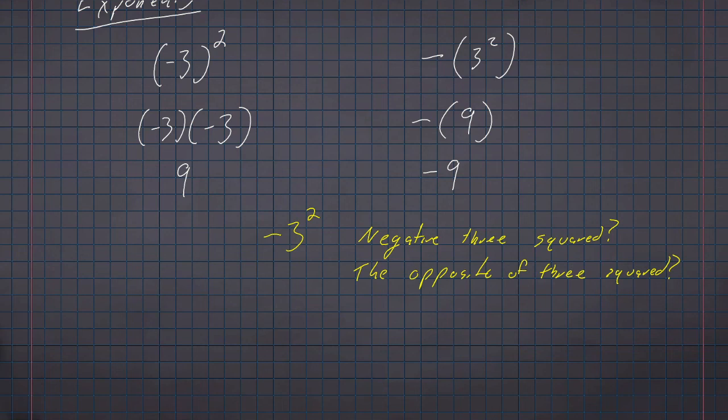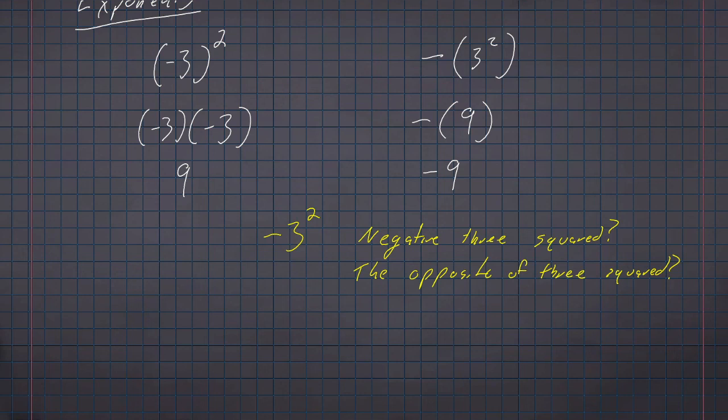So what I need to do is teach you, first of all, that leaving parentheses off when you're squaring a negative number is a bad idea. You shouldn't do it. I shouldn't do it. No one should ever do it.